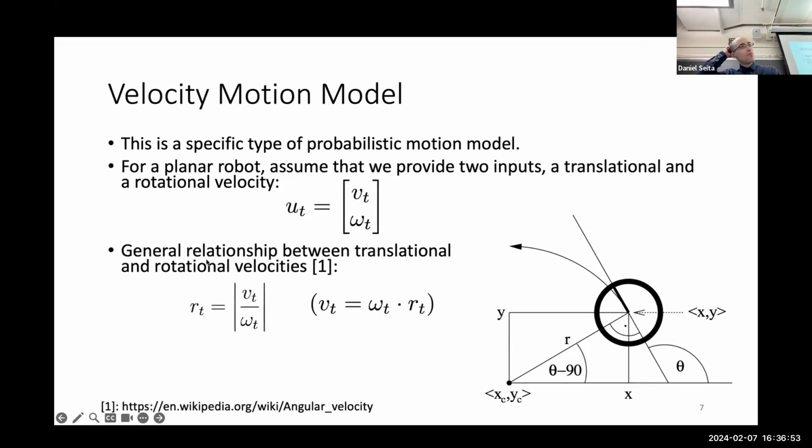If you've seen how bodies move in 2D, then there's a general relationship between translational and rotational velocity. If you look at this graph, there's R, which represents the distance from some center to the center of the robot. You can think of VT as how fast the robot is moving in a straight line, and then omega is how fast it's moving along the curve, or how fast it makes the robot rotate.